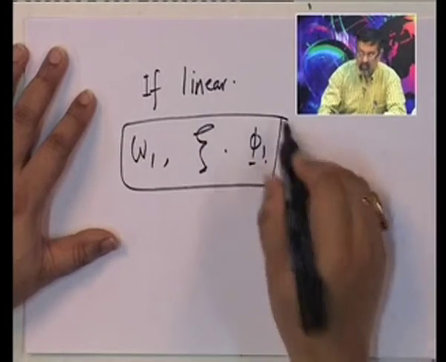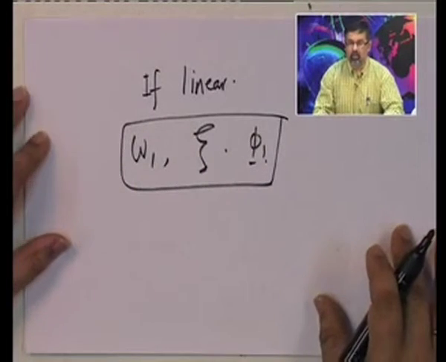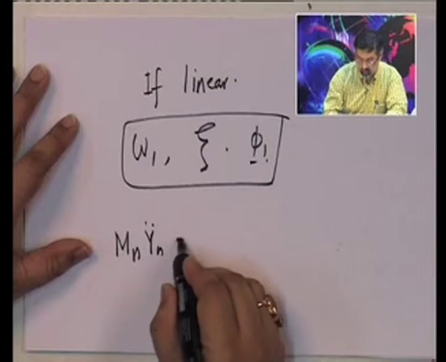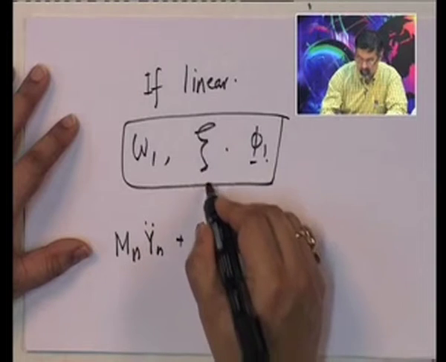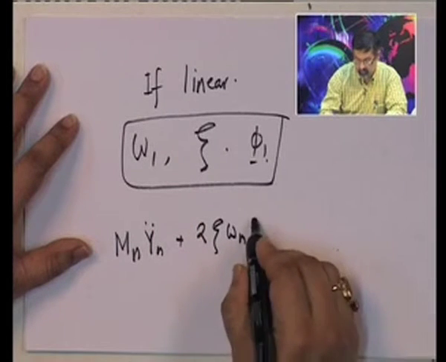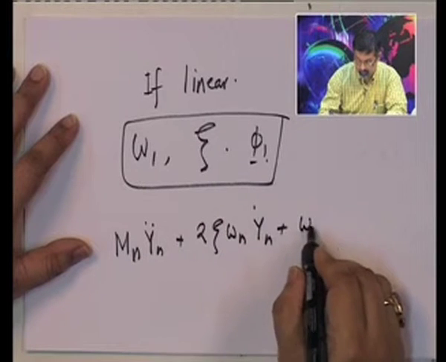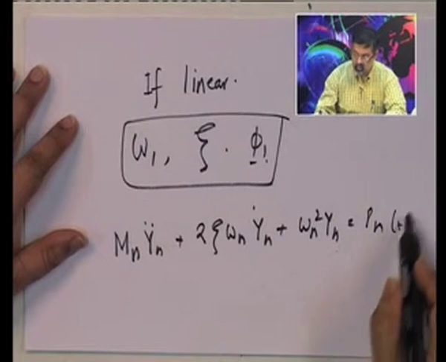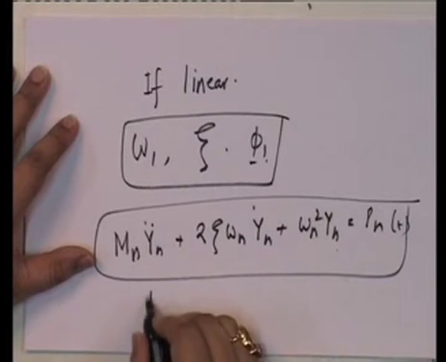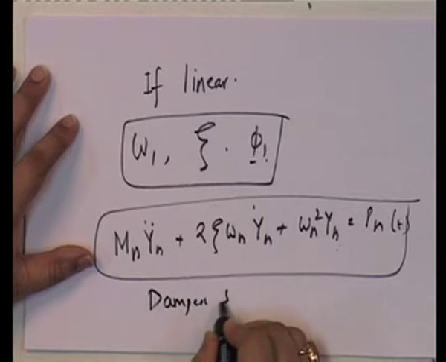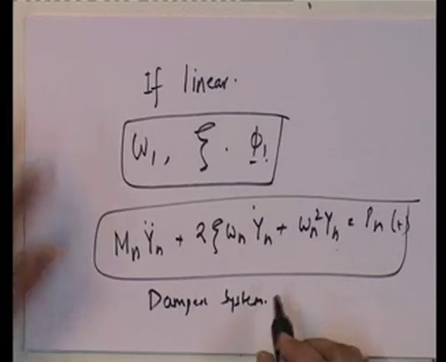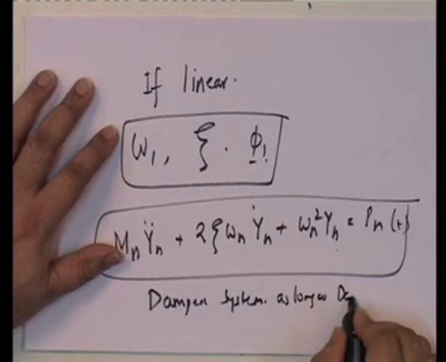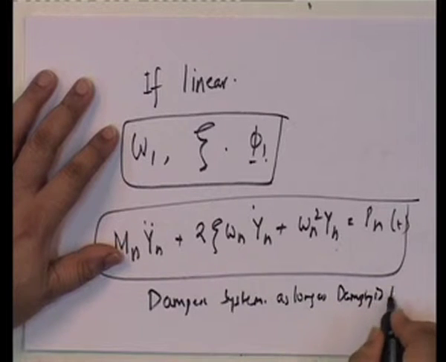This becomes the property of every mode, and if this becomes the property of every mode, then you see, for a damped system, as long as damping is proportional.